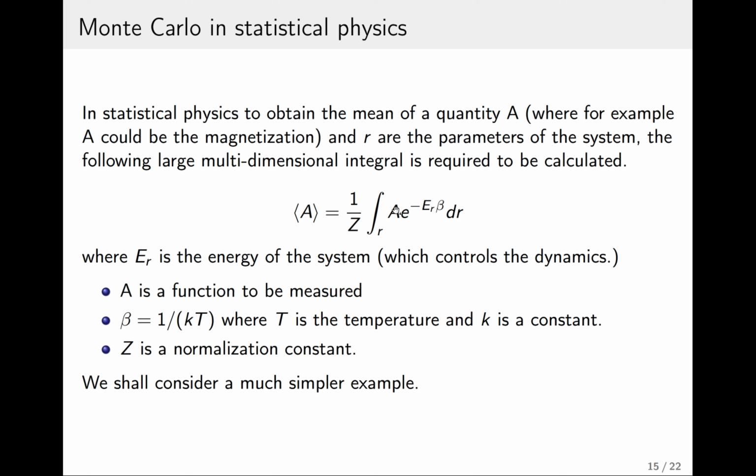So this is actually an expectation value. The magnetization is an expectation value, and this 1 over Z is a normalization factor to make sure that this integrand, when you integrate it without A, gives you 1.